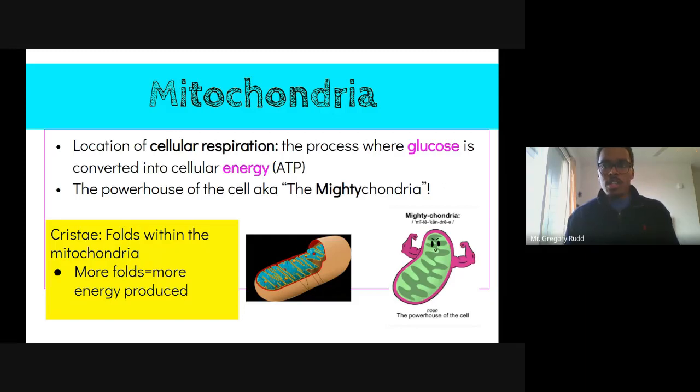So your small and large intestines together are 15 feet long. But because they're so tightly folded inside of your torso, we can fit them in that small space. All right, so think about the folds inside of mitochondria in the same way. We're taking something that's really long, folding it up, and putting it into a tighter space.